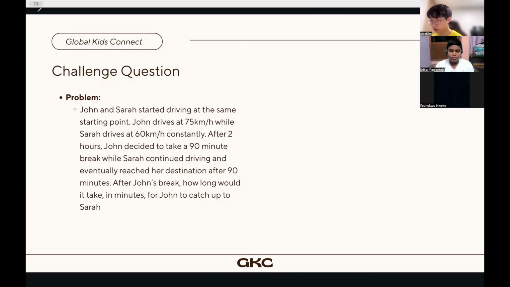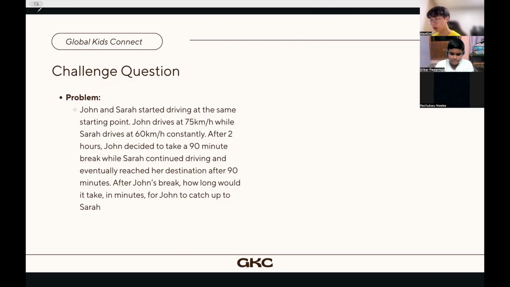So let's take a quick look at this problem. The problem states John and Sarah started driving at the same starting point. John drives at 75 kilometers per hour, while Sarah drives at 60 kilometers per hour, constantly. After 2 hours, John decided to take a 90-minute break, while Sarah continued driving and eventually reached her destination after 90 minutes.